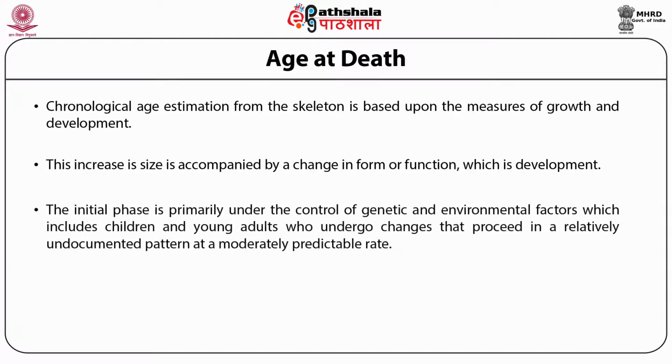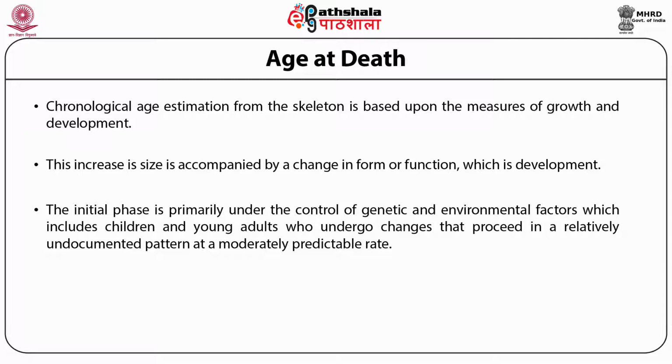The initial phase is primarily under the control of genetic and environmental factors, which includes children and young adults who undergo changes that proceed in a relatively well documented pattern at a moderately predictable rate.